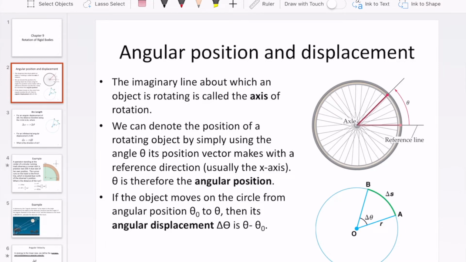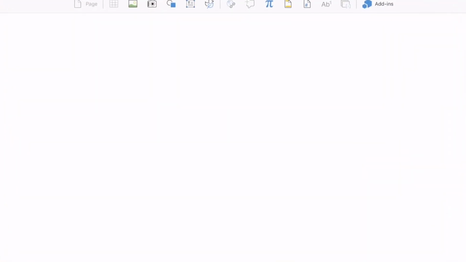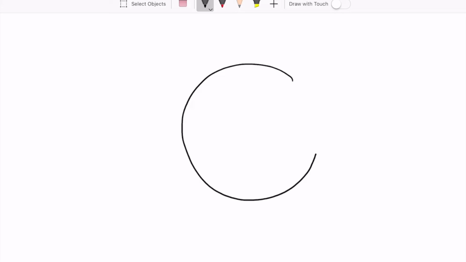Okay, now suppose you have an object that's going in a circle like this. If it's going in a circle, the radius is always fixed. I mean, the radius of the circle doesn't change. So the only thing that you need to keep track of is the angle that the object is making with respect to some reference direction.